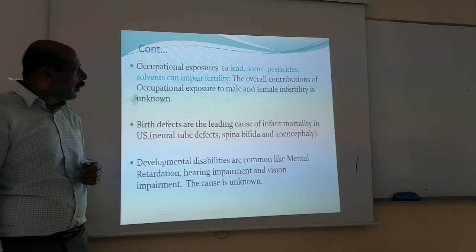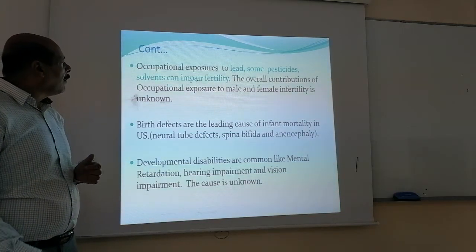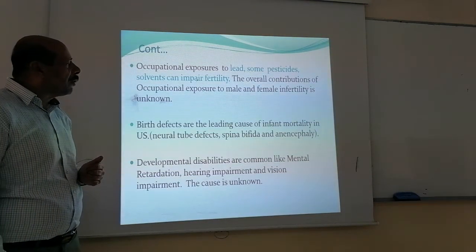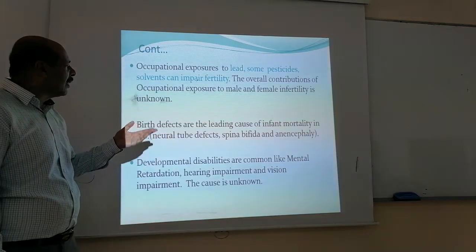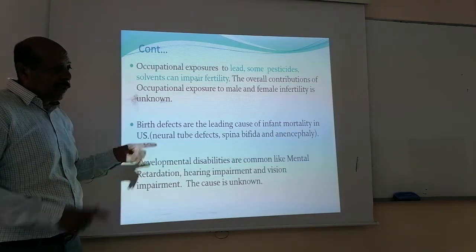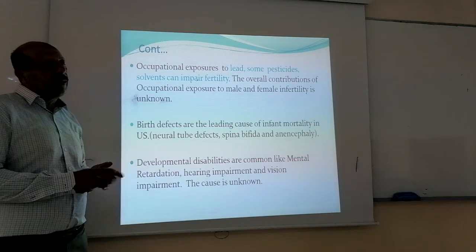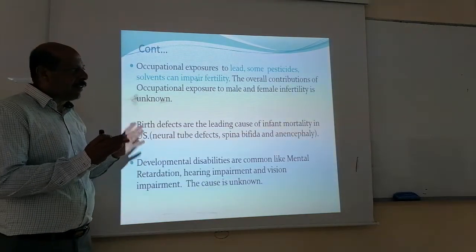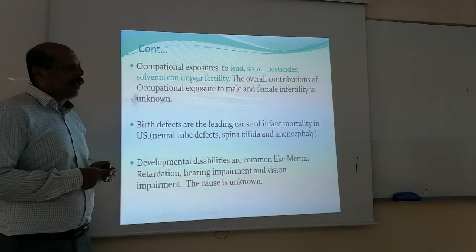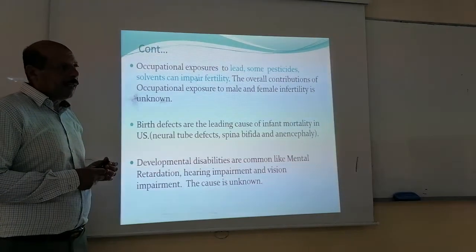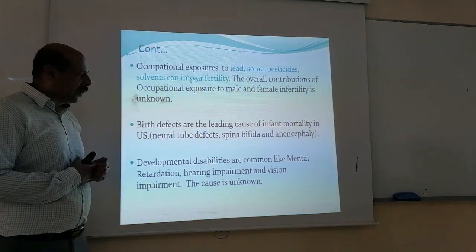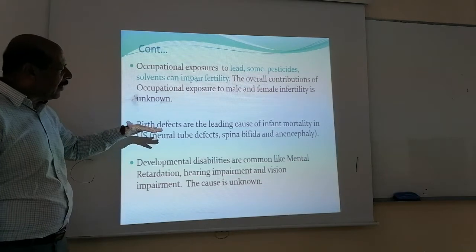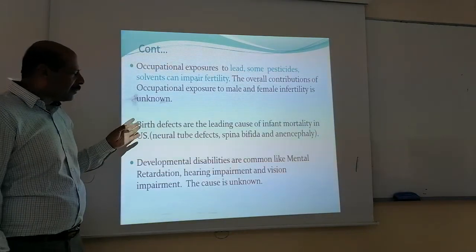The overall contribution of occupational exposure to male and female infertility is unknown. There is no specific statistic about that, and the rate is not known up till now, because it is a long term problem.